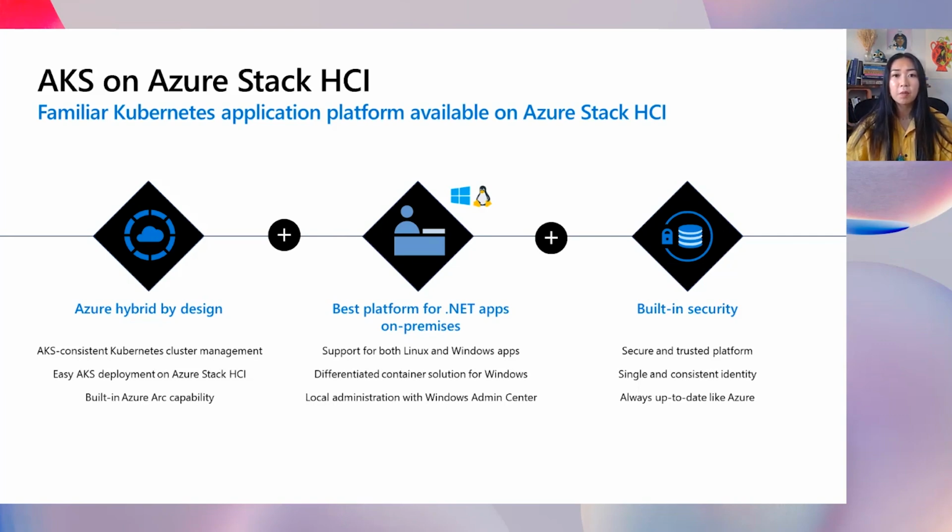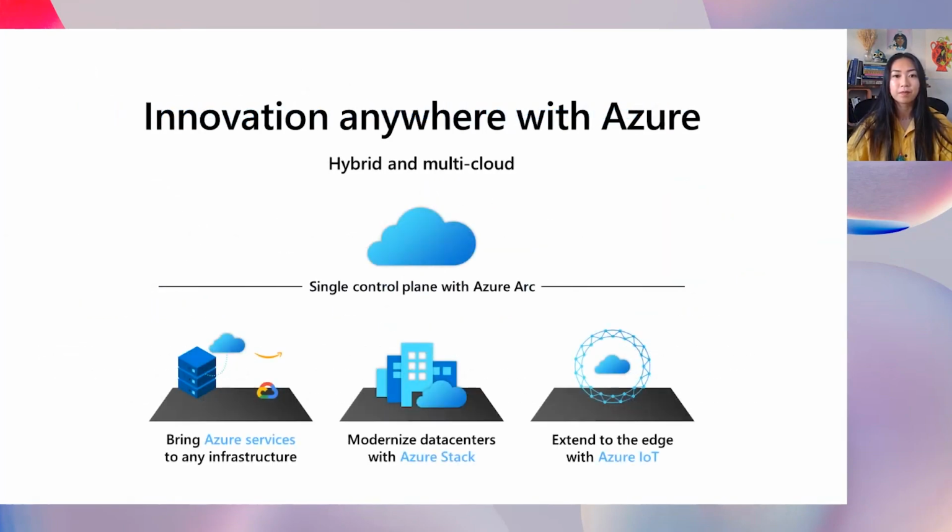You can take those same Linux and Windows applications you have running in Azure and run them in your own data center without a whole lot of engineering work to change your application for compatibility or concern for losing the security that AKS provides. AKS on Azure Stack HCI brings you AKS consistency so that if you're familiar with AKS, you don't have to learn a completely new technology to start running your workloads on-prem today.